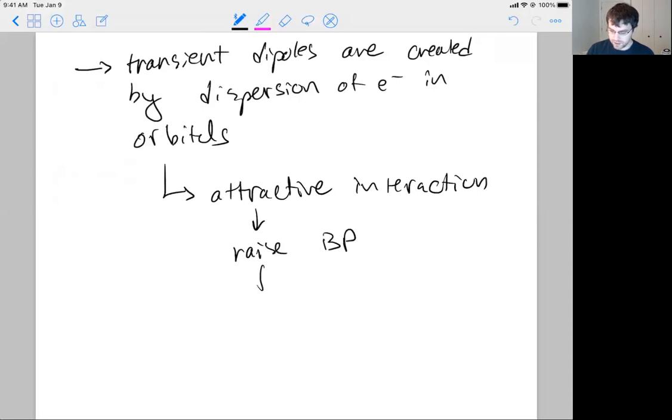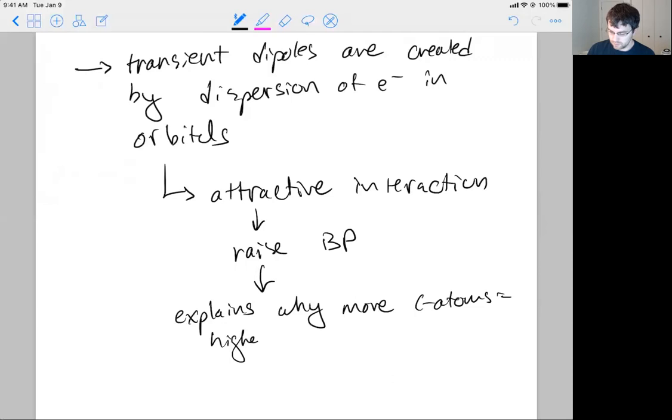And this explains why more carbons equals higher boiling points. Because what you need is just more sigma bonds, more molecular orbitals around for electrons to move about in to create these transient dipoles.